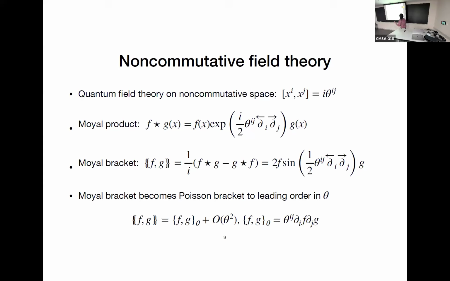If we keep track of the order of the non-commutative parameter, at leading order the Moyal bracket, you can see here, becomes the Poisson bracket, only at leading order in the non-commutative parameter. So please keep this in mind because I will be using this property later on.